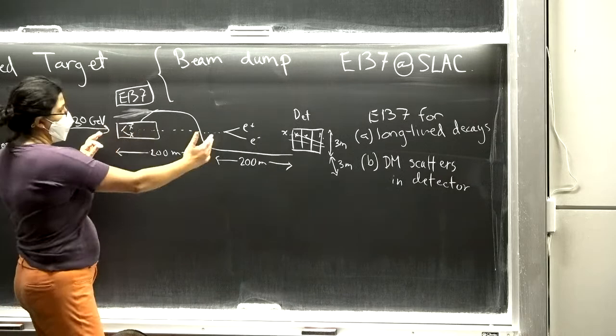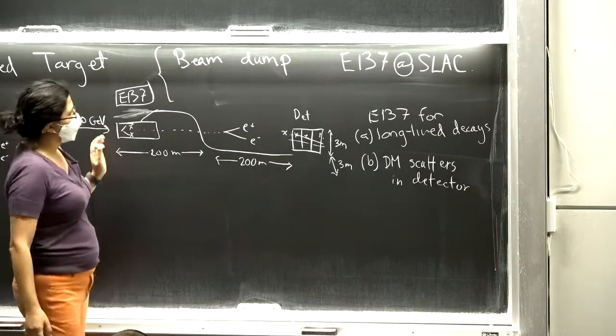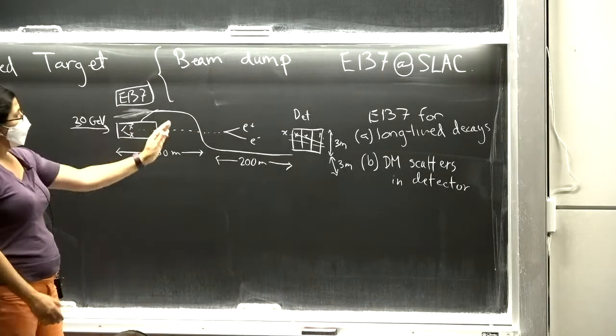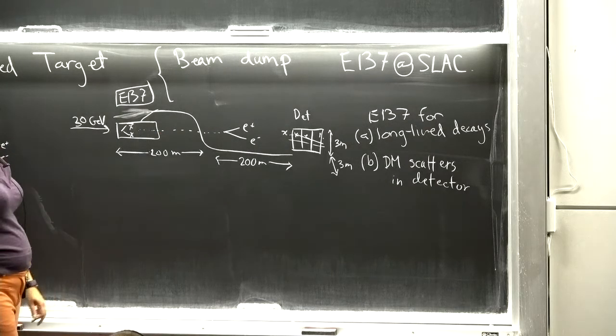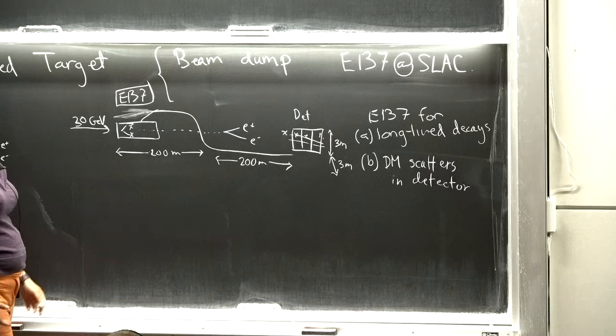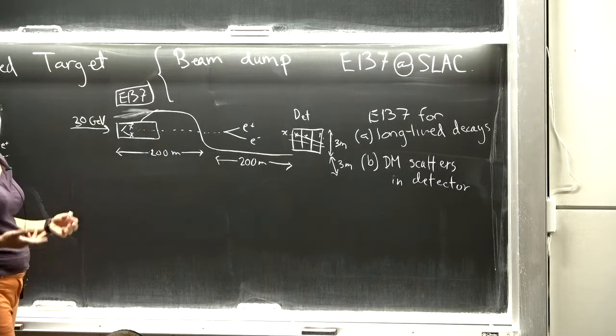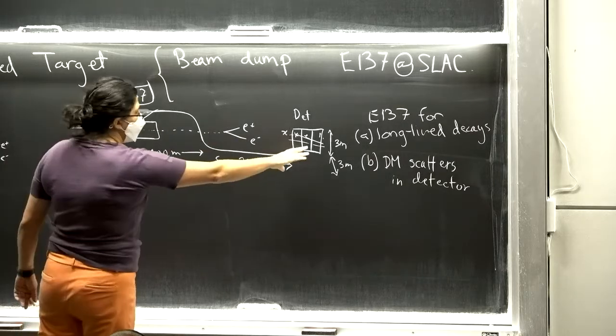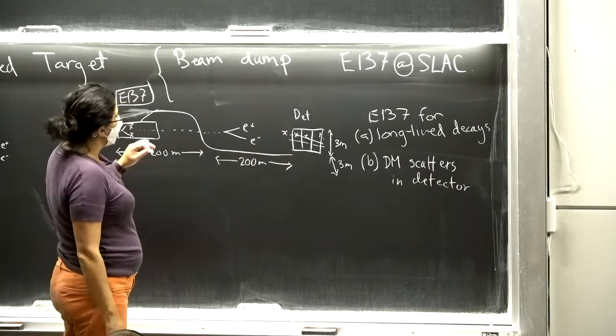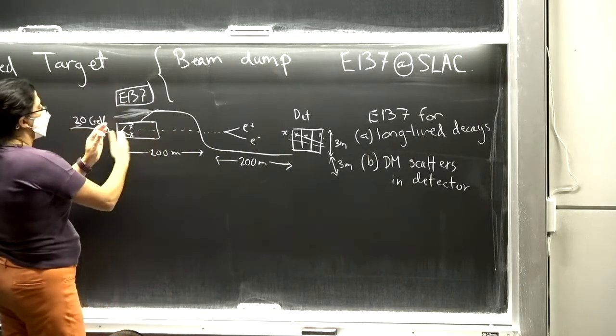So the hill and this dump area are a lot thicker, a lot more material by 2 orders of magnitude, but the probability of scattering there is still only 10 to the minus 5, 10 to the minus 6. So most of the time they go through all the way, and there's no suppression of the signal from scattering in the hill.